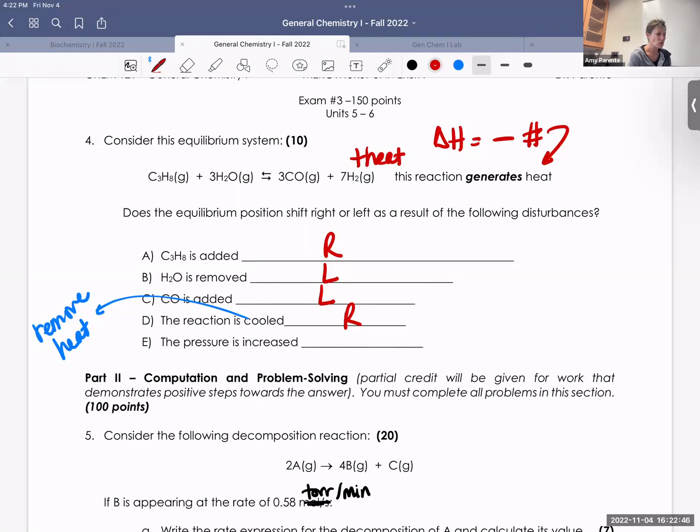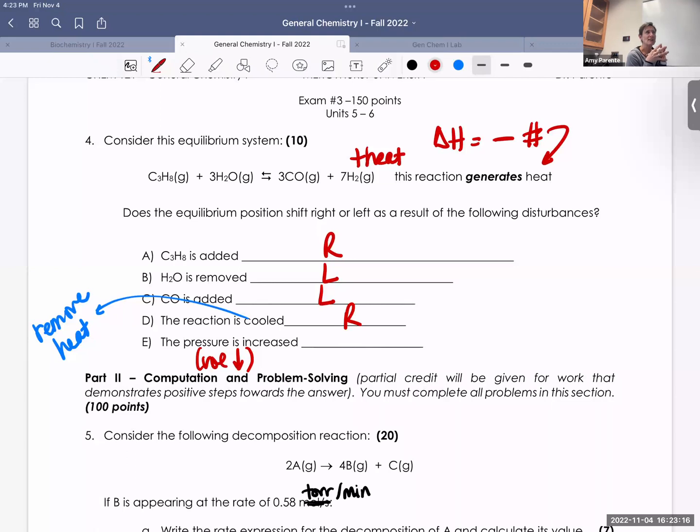Pressure is increased. So how do we figure this guy out? I just remember the little graph. Like with volume increases, the pressure. You're absolutely right, so volume is going to decrease. We make a smaller space for our molecules to live.